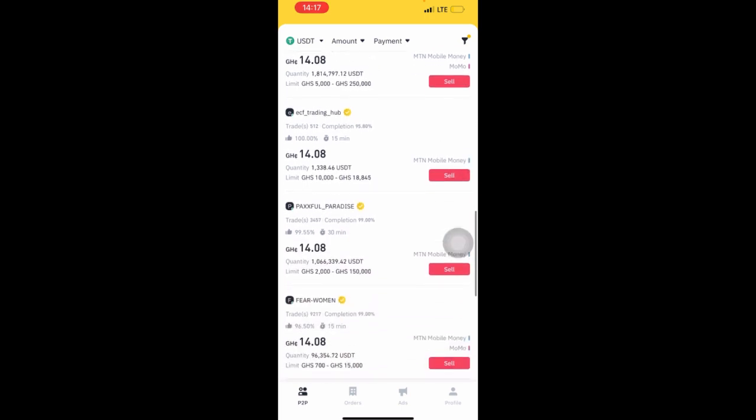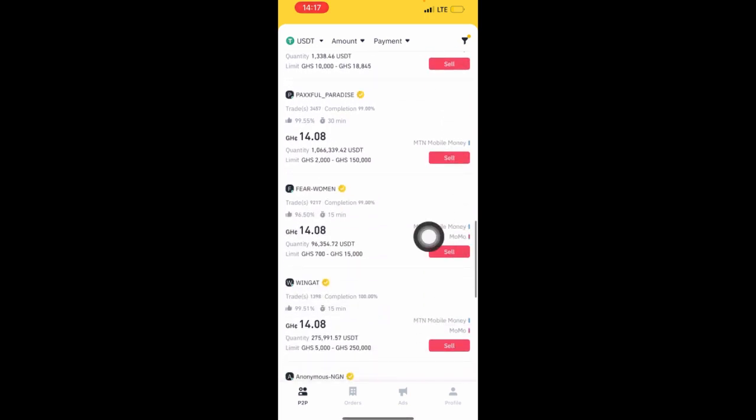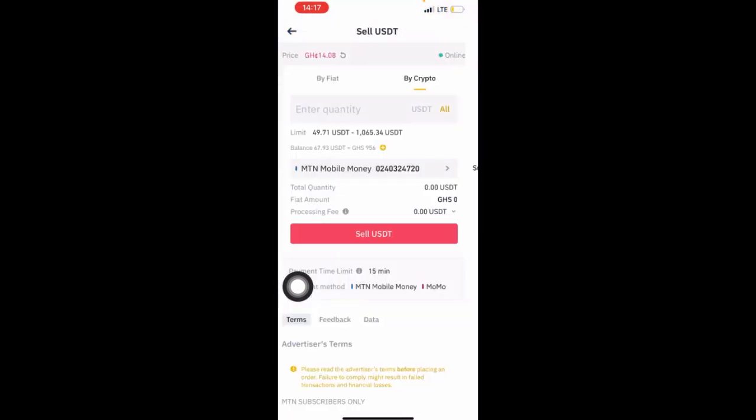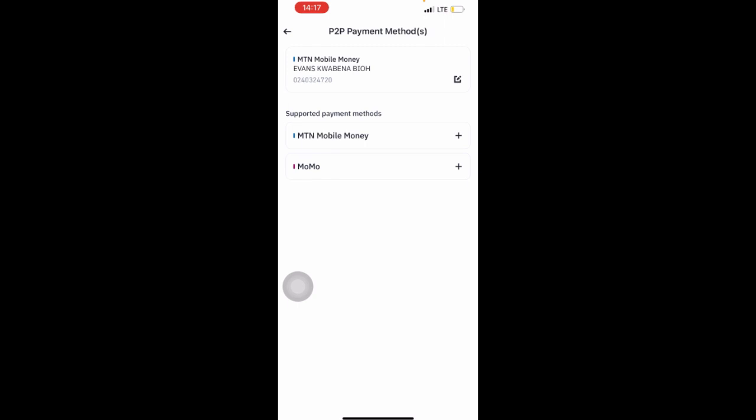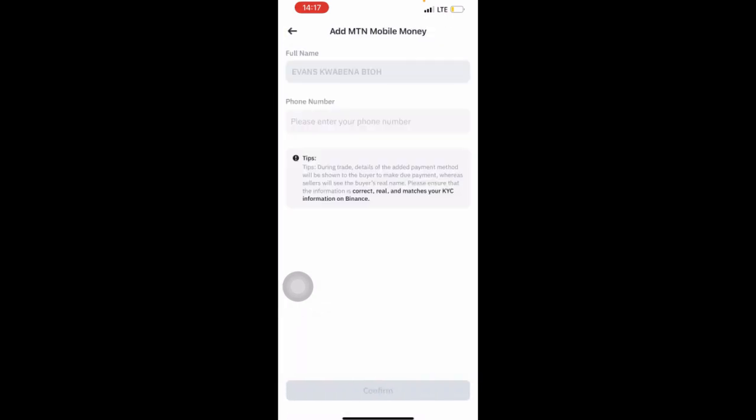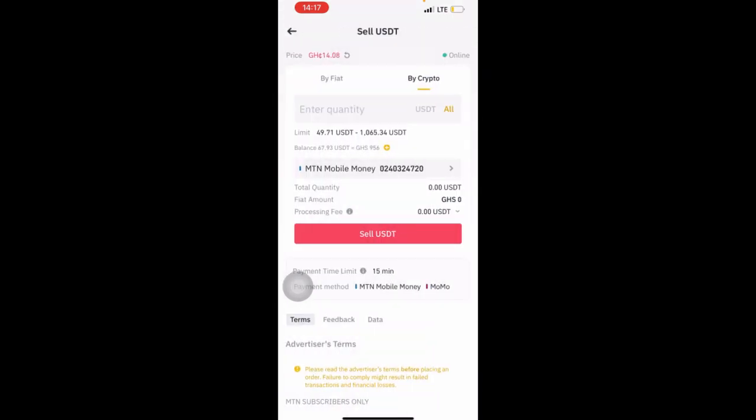So I'll search for the person that fits. So this person, from 700 to 15,000 mobile money, and the rate is what? 14.08. So I'll trade with this person. So I have MTN Mobile Money and Momo, so I'll choose MTN Mobile Money. I have it already.